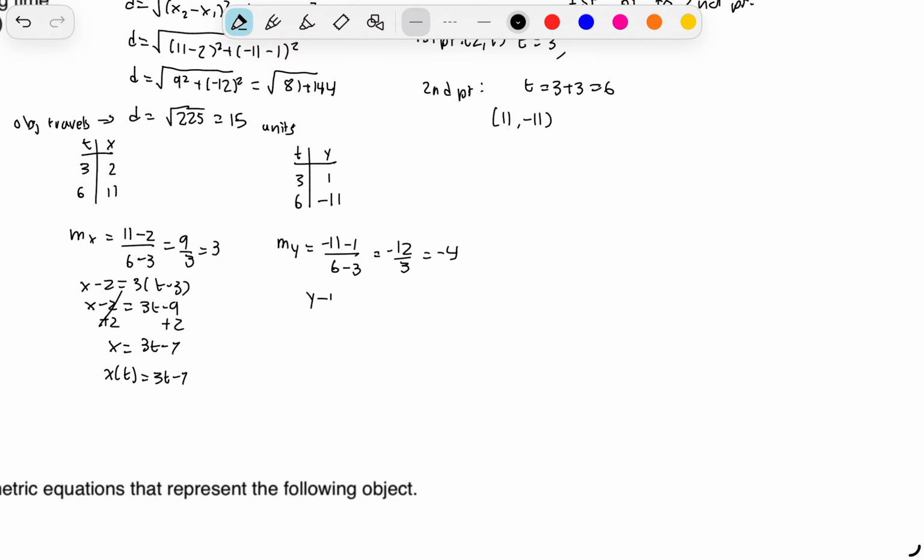So you have y minus 1 is equal to negative 4 times t minus 3, and you have y minus 1, distribute. That is going to be negative 4t plus 12, and plus 1 is equal to negative 4t plus 13.